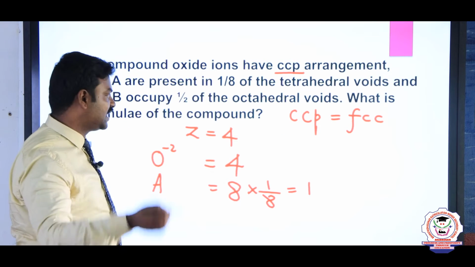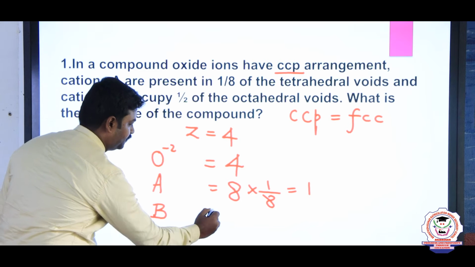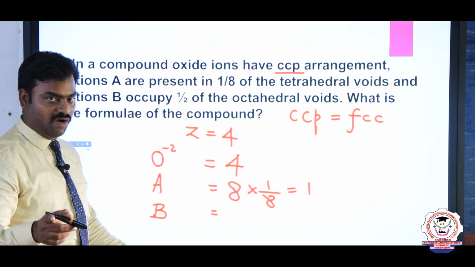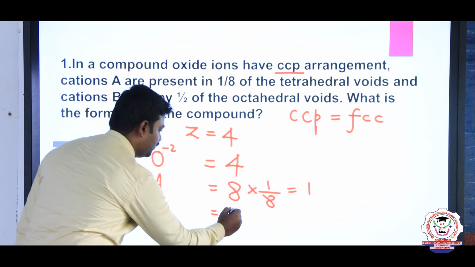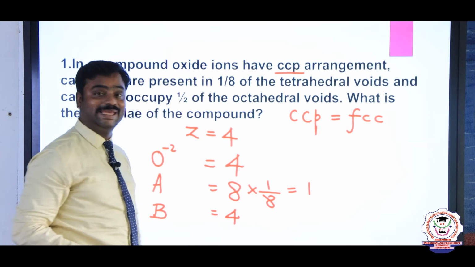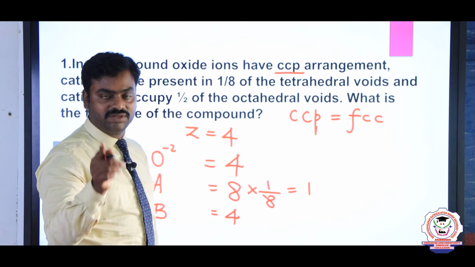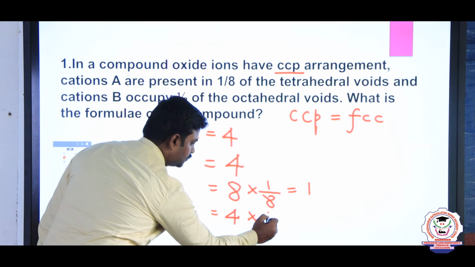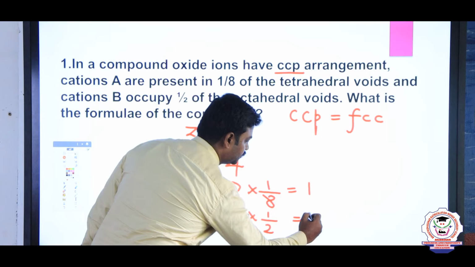What about the other atom, B? They say B occupies octahedral voids. How many octahedral voids are there? 4. But they say 1 by 2 of the octahedral voids are occupied, so we have to multiply by 1 by 2. That is equal to 2.